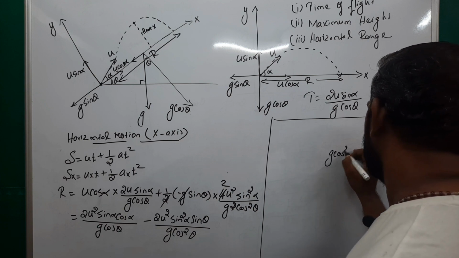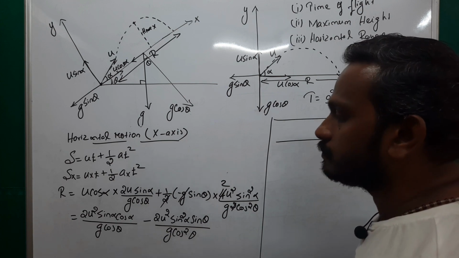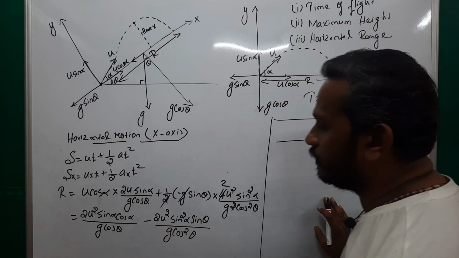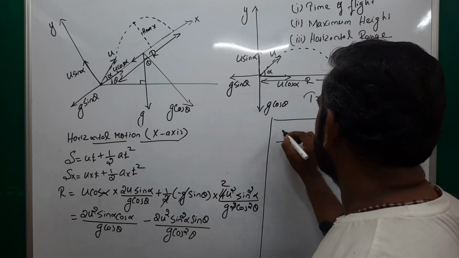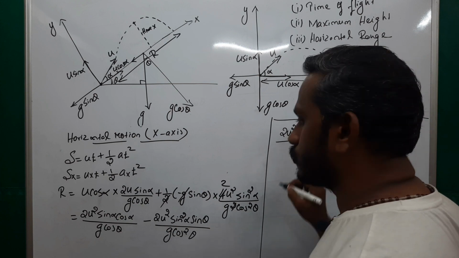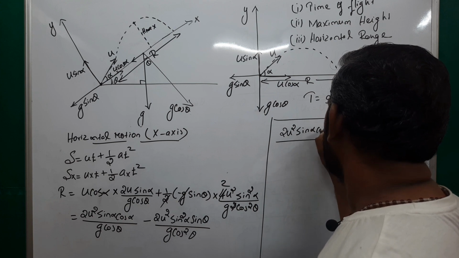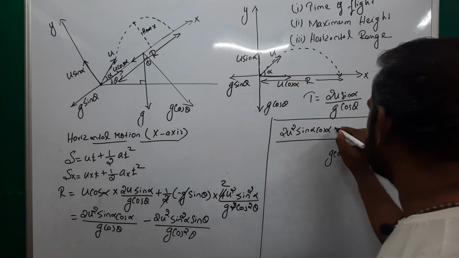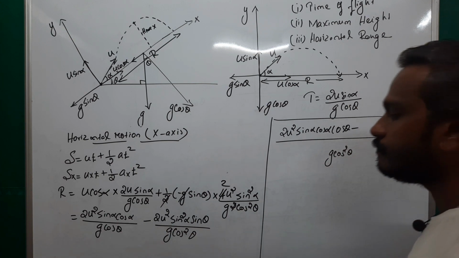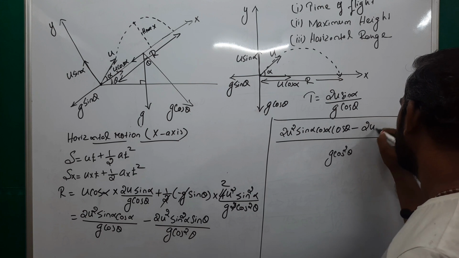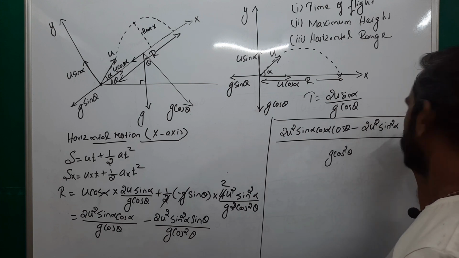So g gets cancelled, and we can write 2u square sin alpha cos alpha into cos theta minus 2u square sin square alpha into sin theta.